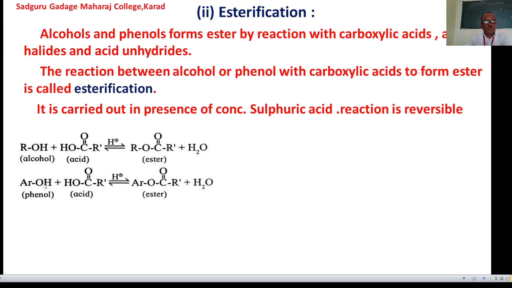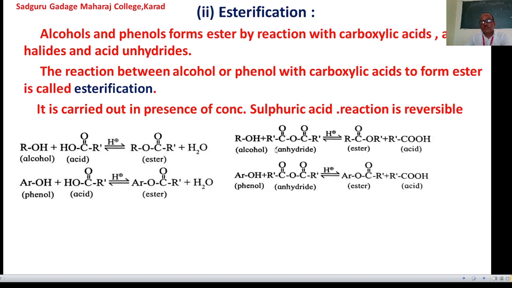If you take phenol, ArOH, it reacts with a carboxylic acid in the presence of acid, and it is also a reversible reaction. It again gives an ester, ArOCOR dash, plus H2O. So these are the two reactions in which carboxylic acid is used for preparation of an ester. The second type of compound is acid anhydride.